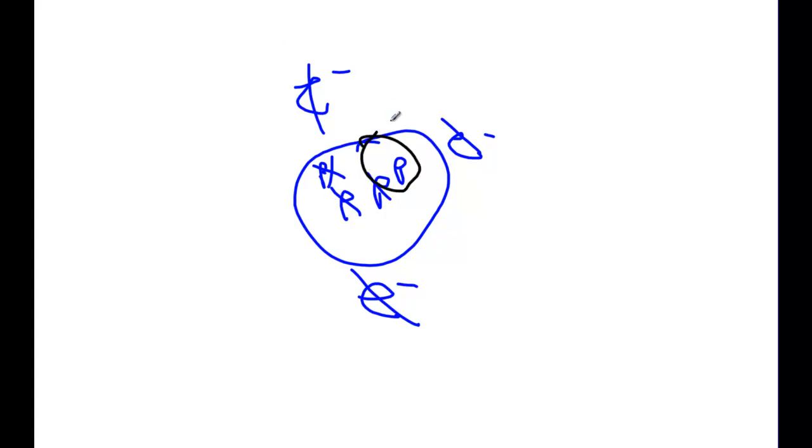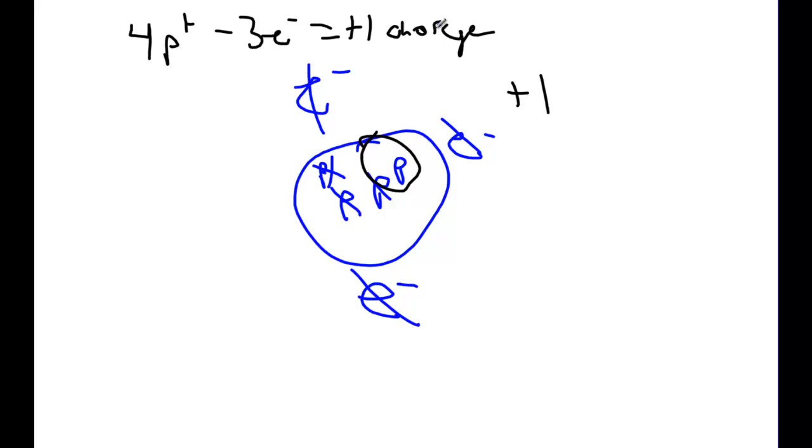So this would be an unequal number of protons and electrons. So now I have a +1 left over, so my whole atom will have a +1 charge. Again, mathematically, 4 protons minus 3 electrons equals +1 charge. Hopefully you're starting to see how this all works together.